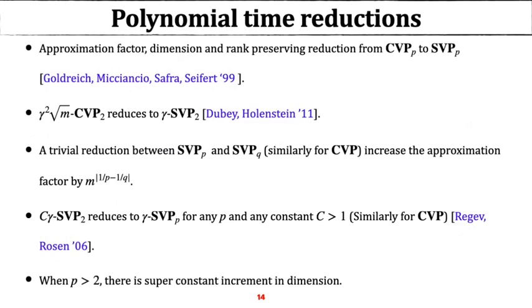At least when p is greater than 2, there is a super constant increment in the dimension. And this reduction only goes from L2 norm to any Lp norm. So this reduction also kind of implies that L2 norm is the easiest for CVP and SVP.